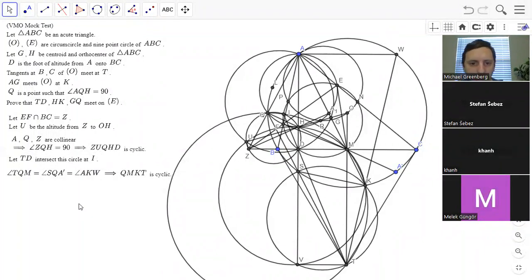And now let's see if we can show I lies on it. So we know I lies on this circle. Basically we define G as where the inversion takes Q, and then we show that A, G, and M are collinear, I guess.